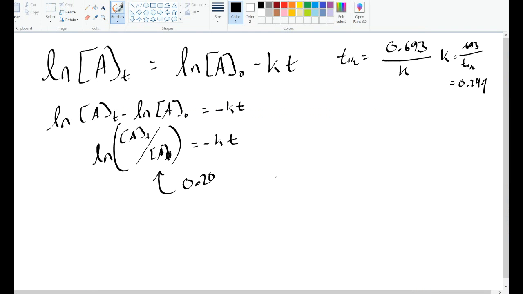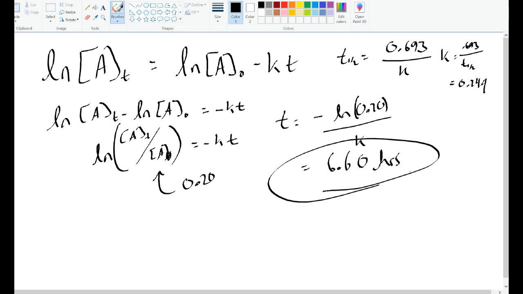So how long will it take? t equals negative natural log of 0.20 over k. And when we plug those numbers in, hopefully we get a positive number. We do indeed. We get 6.60 hours.